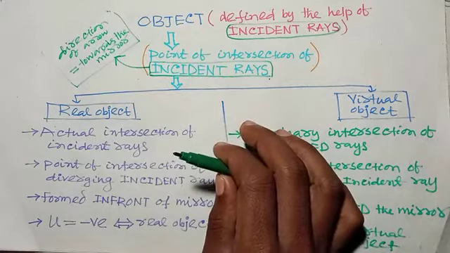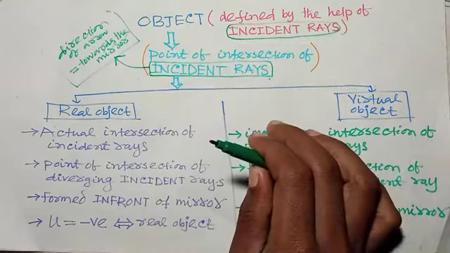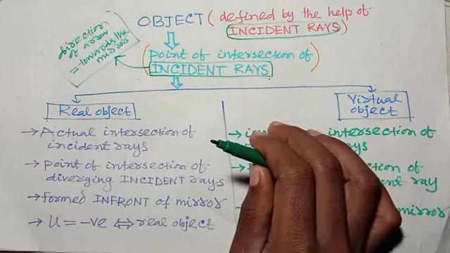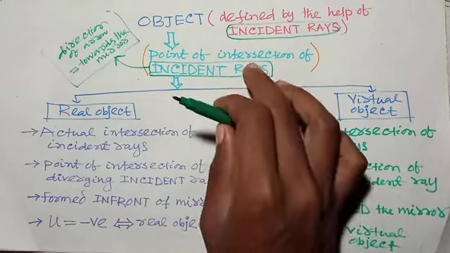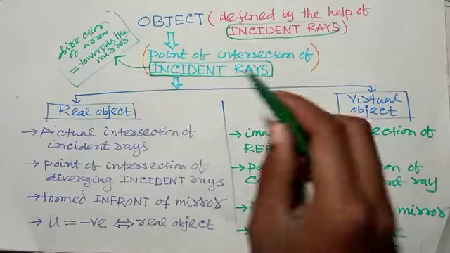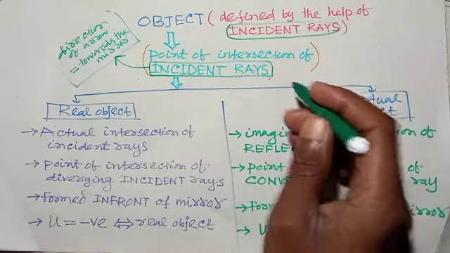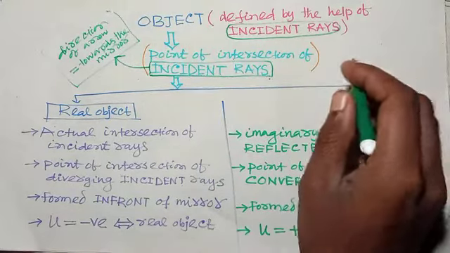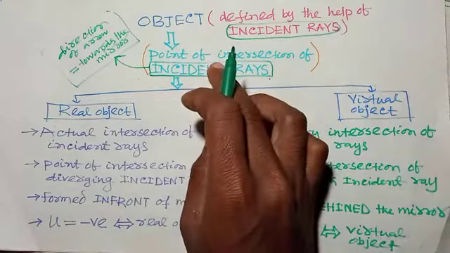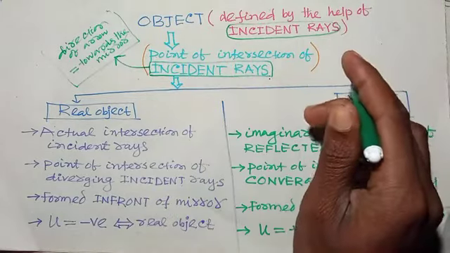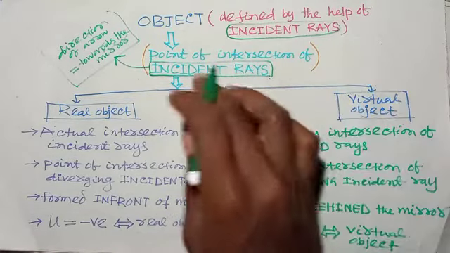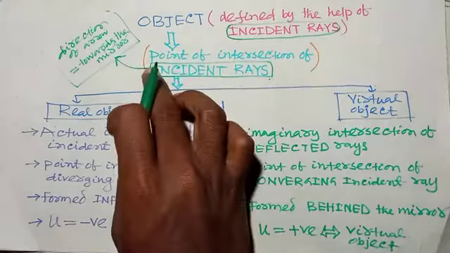So the object is the point of intersection of the rays which are coming towards the mirror. So it is basically the point of intersection of incident rays.